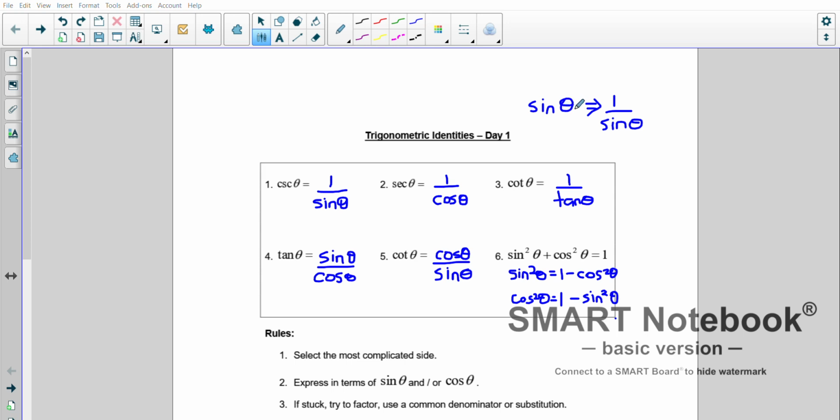So 2 times 3 is 6, so whatever I do to the bottom, I'm going to do to the top. So 1 times 3 is 3. And then 1/3, I multiplied the bottom by 2, so I'm going to multiply the top by 2. And then when I add those, I add the numerators and leave the denominator the same.